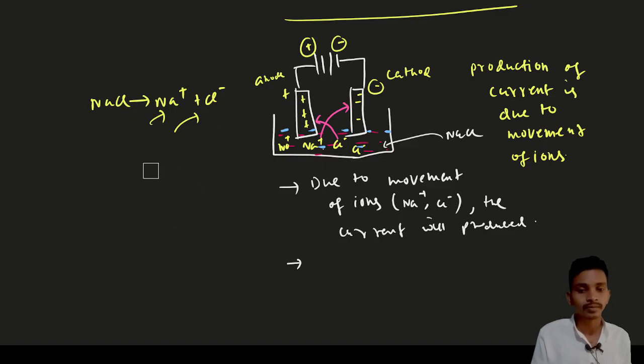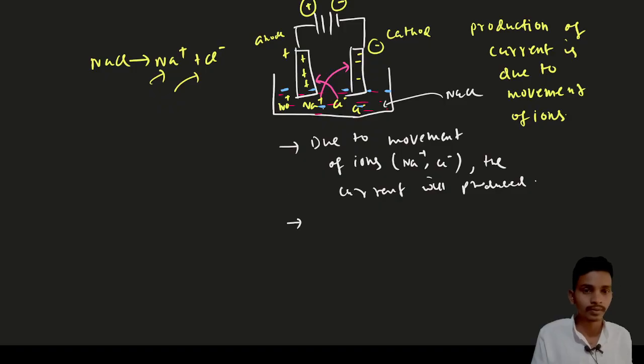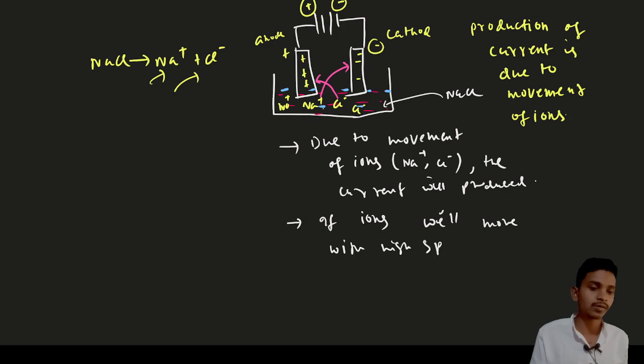So I say if ions move with high speed, then more current will be produced, and vice versa.